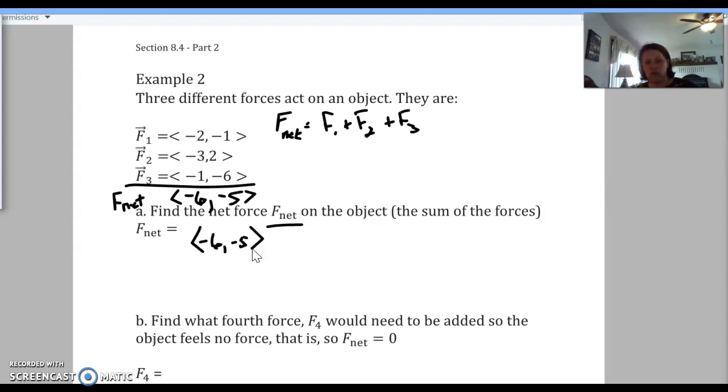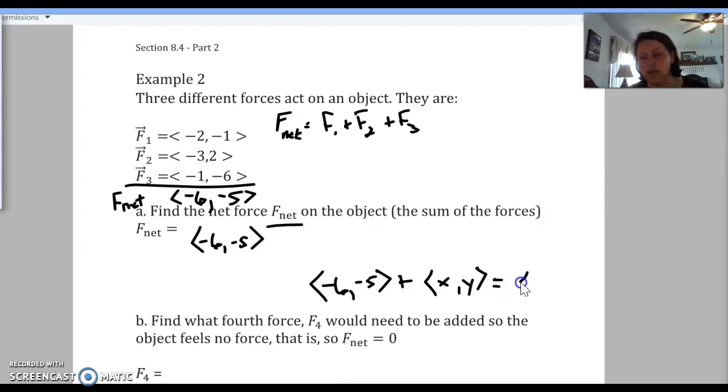Then for part B, it wants us to find the fourth force, F sub 4, that would need to be added so that the object feels no force. So for that one, we are going to take the sum of all of the forces, which we already found to be -6, -5. And then we're going to add on some unknown force, x, y, that will cause this object to be in equilibrium.